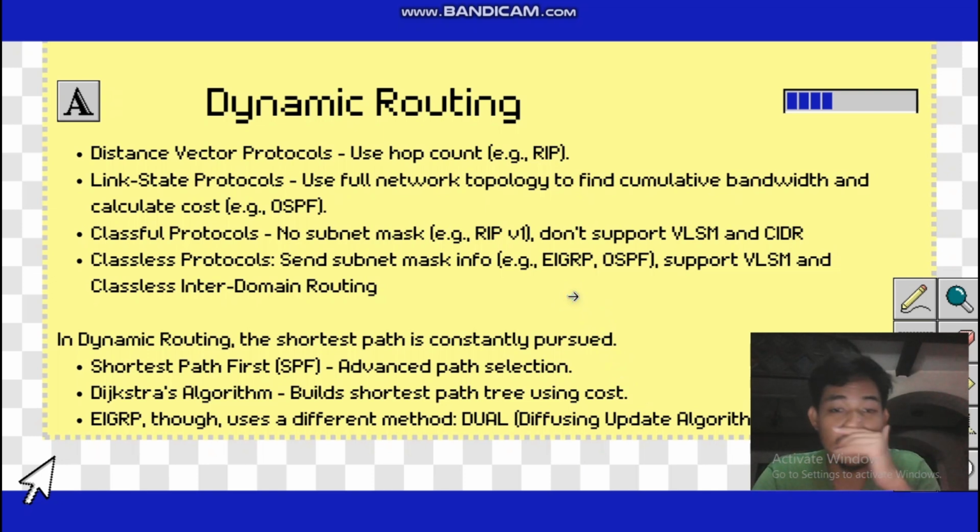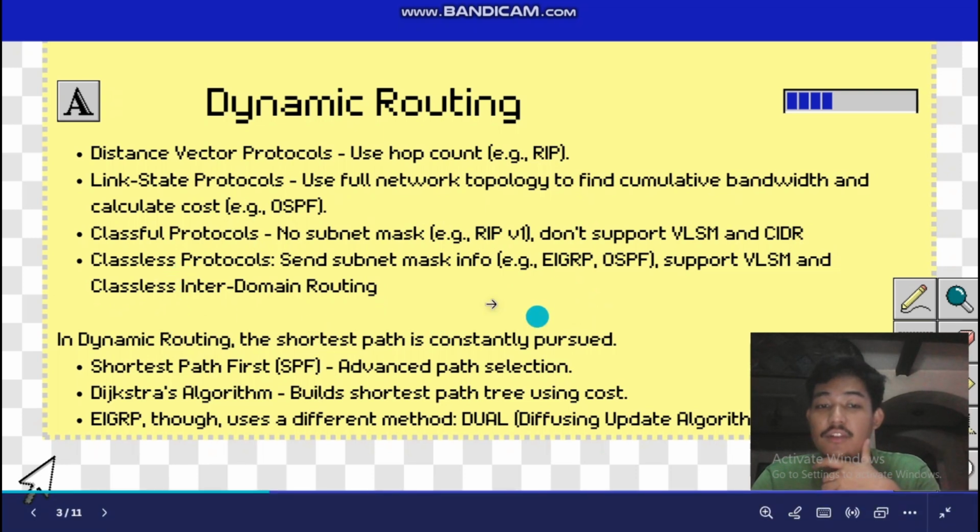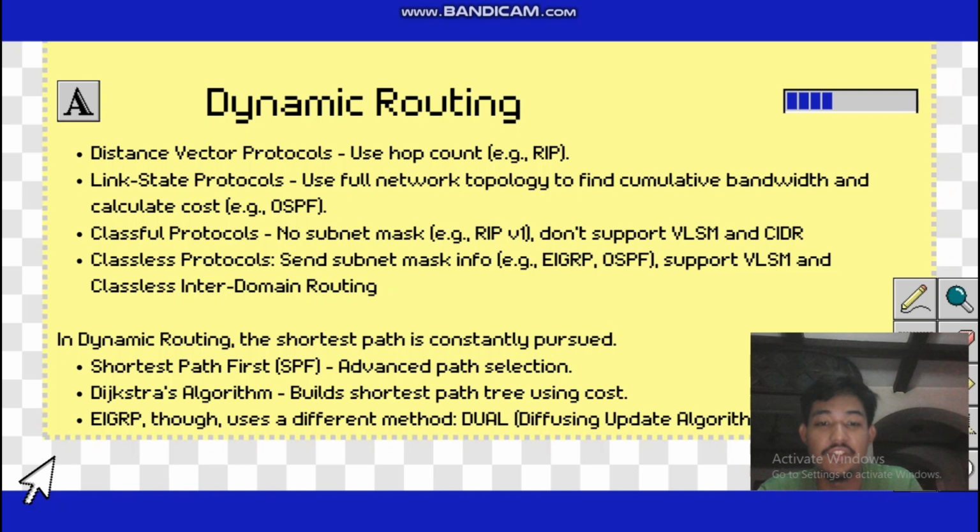In dynamic routing, the shortest path is constantly pursued. I keep mentioning OSPF, Open Shortest Path First, and it is based on the shortest path first fundamental theory, which is a method of advanced path selection. This method is based on Dijkstra's algorithm, I'm sorry if I'm butchering his name, which builds the shortest path tree using cost.